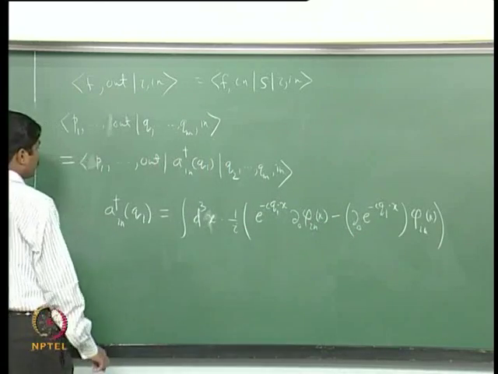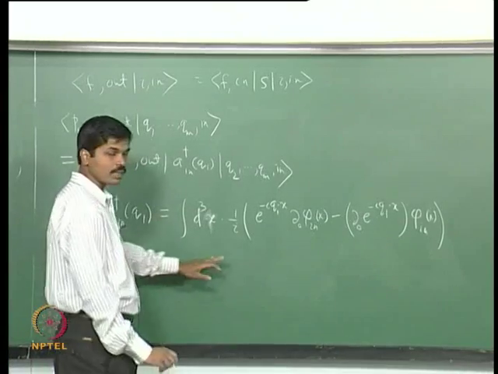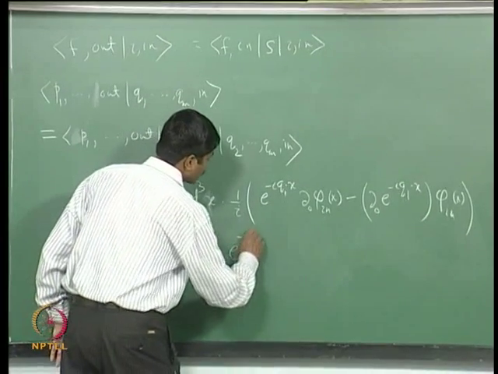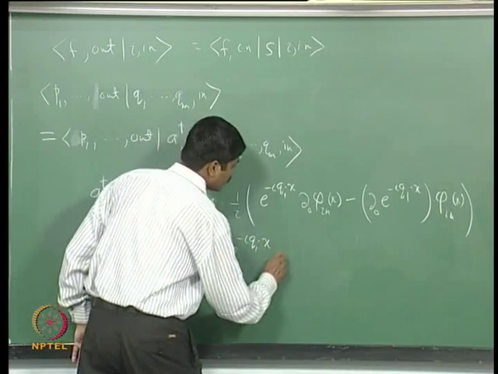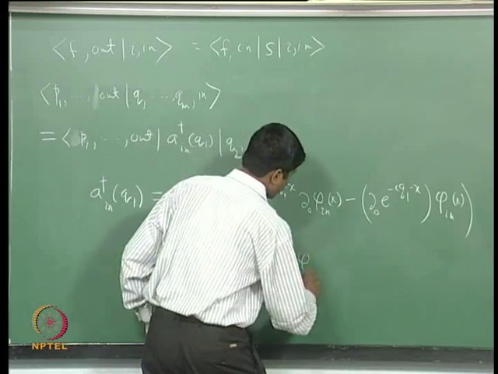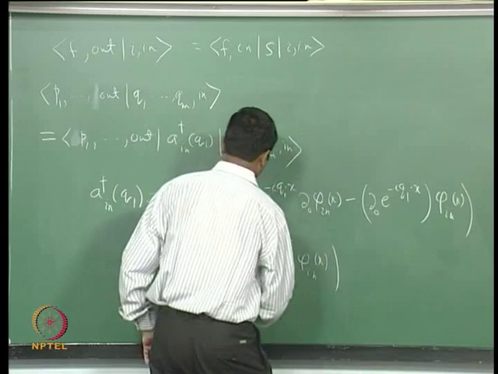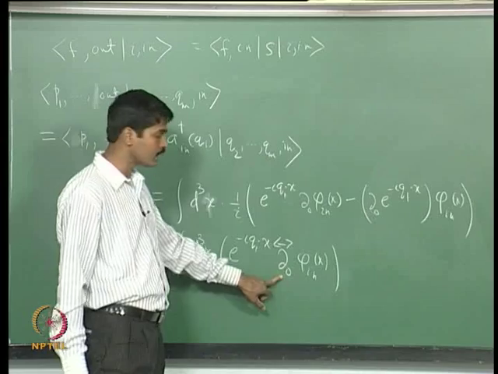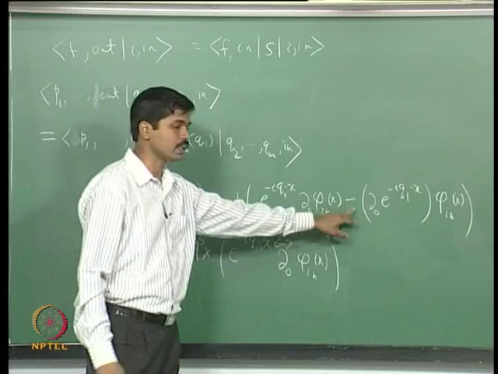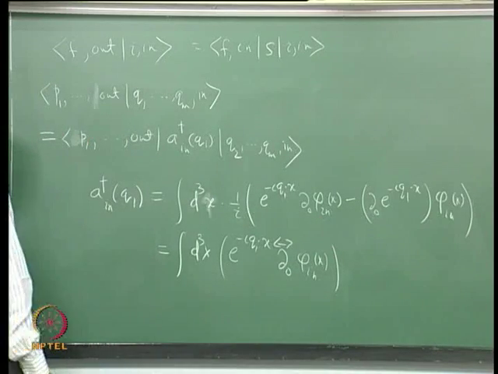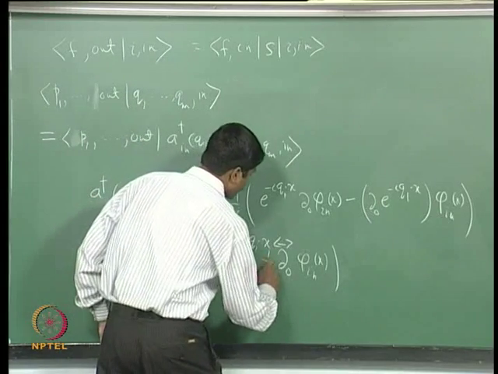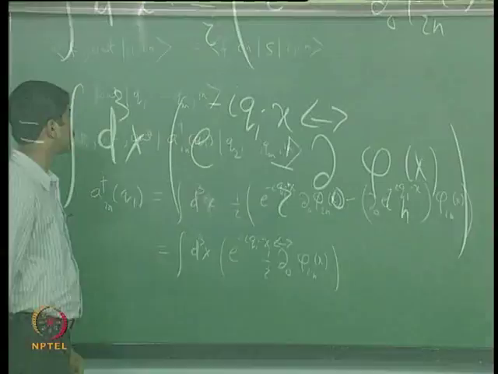I will write this quantity as d cube x e to the power minus i q1 dot x del 0 phi in of x. I am introducing this notation to write this derivative both ways with a minus sign. There is a 1 over i.